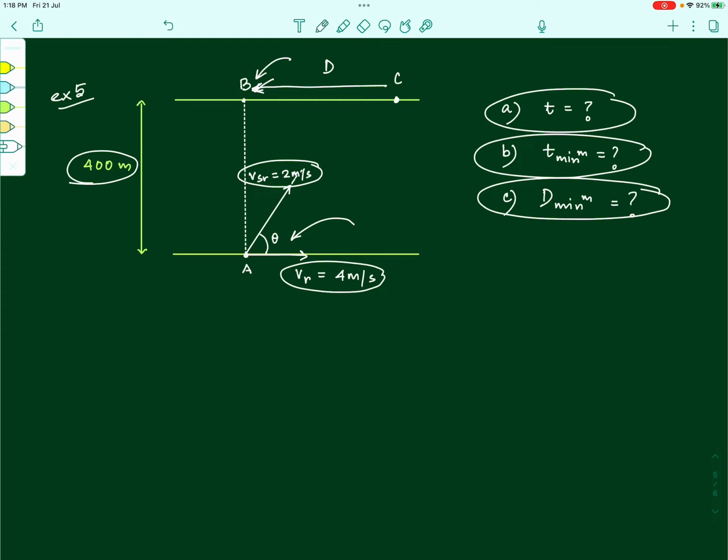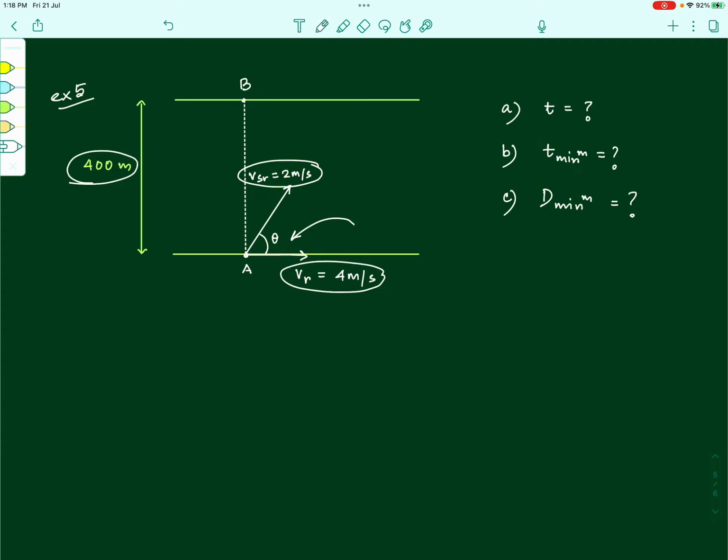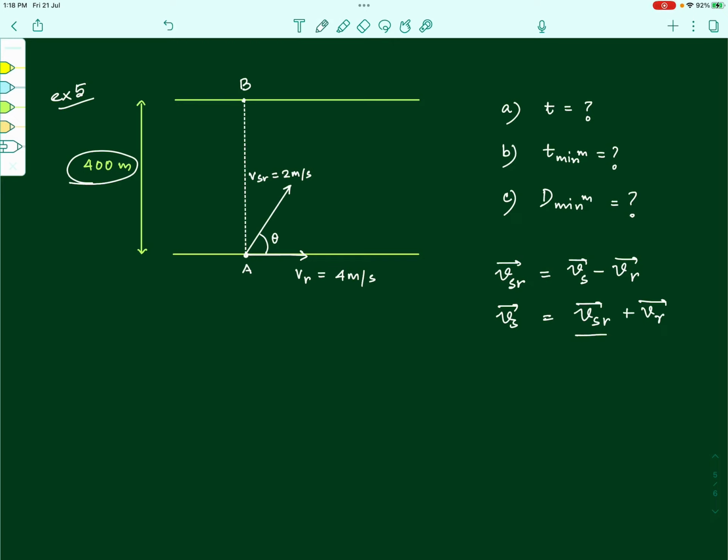In this particular case, if you look at it carefully, the way the figure is, the actual velocity of the swimmer, which we can get again from the definition of relative velocity, the velocity of the swimmer with respect to the river will be velocity of the swimmer minus velocity of the river, and from here we get velocity of the swimmer as velocity of the swimmer with respect to the river plus the velocity of the river. Velocity of the swimmer with respect to the river is this velocity, and velocity of the river is this velocity. So we have to add these two to get the final velocity of the swimmer.